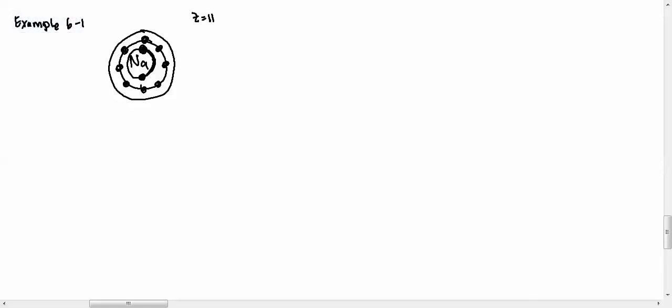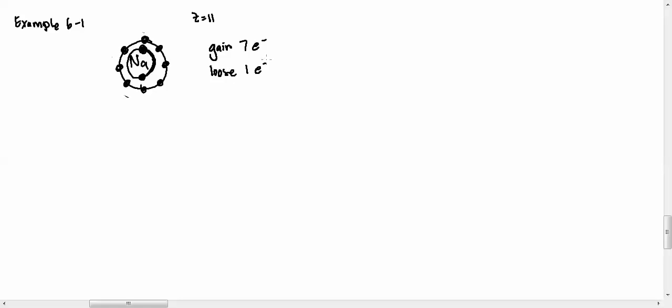Because then that last shell is going to disappear. I'm not going to deal with this last outermost shell over here. And guess what? My new outermost shell, which is the second ring, does have 8. And I am stoked. So he can do one of 2 things. He can gain 7 electrons or lose 1 electron.